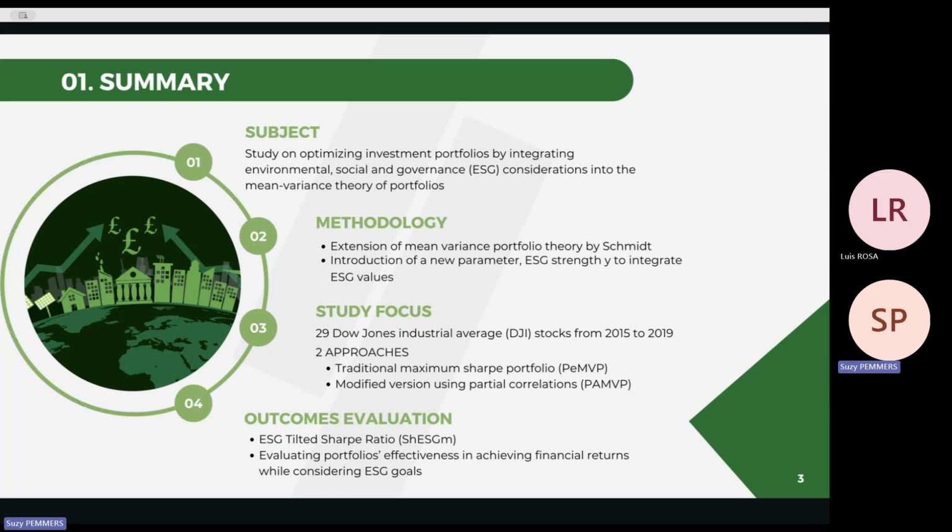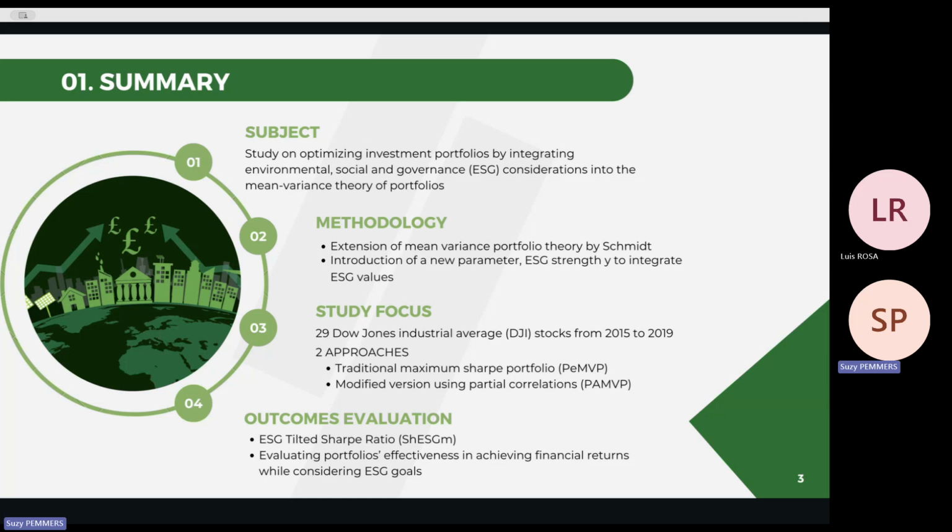The methodology is about extensions of mean variance portfolio theory by Schmidt and the introduction of a new parameter, the ESG strength gamma, to integrate ESG value. The analysis focuses on a portfolio of 29 stocks from the Dow Jones Industrial Average, covering the period from 2015 to 2019.